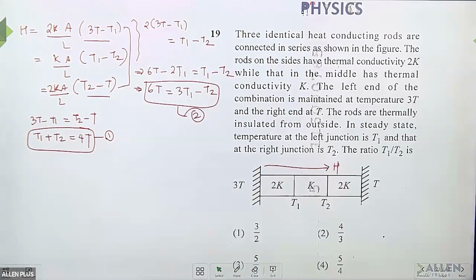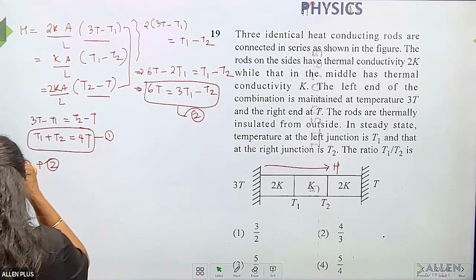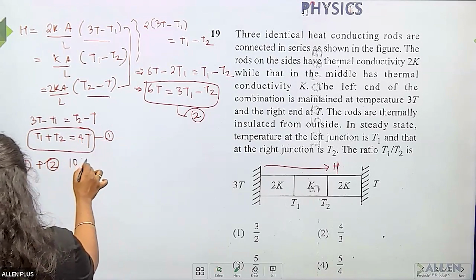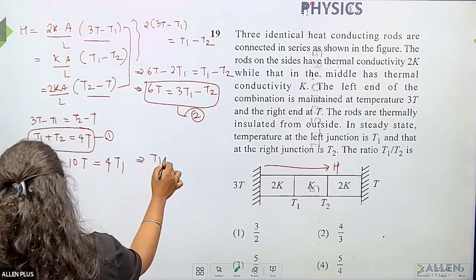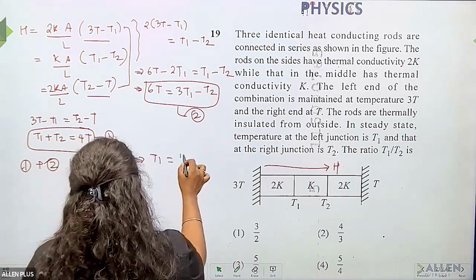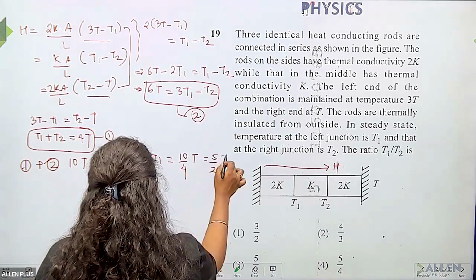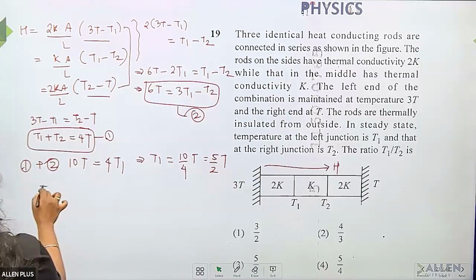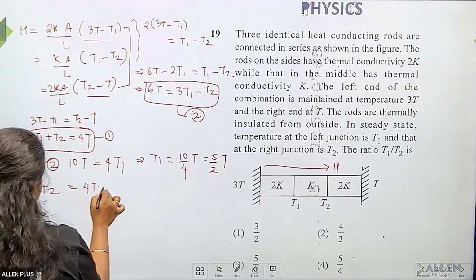Okay. Now what you can do, you can directly add. When you're doing 1 plus 2, what you're going to get? You're going to get 10T is equal to 4T1. So from here I get T1 is equal to 10 by 4 T, which is also equal to 5 by 2 T. Similarly, T2 can be written as 4T minus T1.